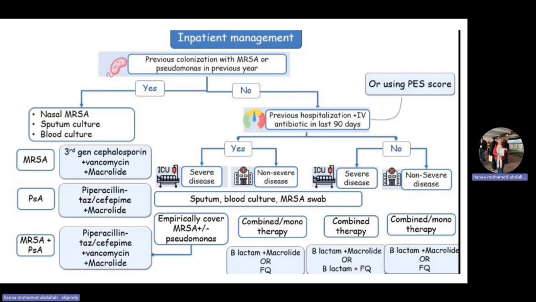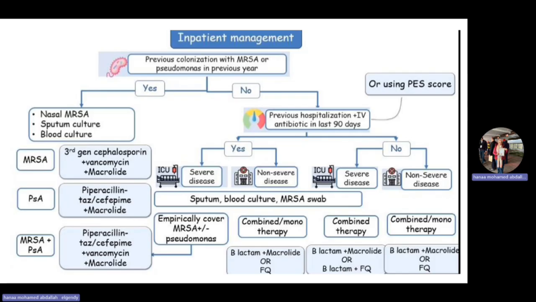So if the patient has a previous colonization, the left side of the chart, with MRSA and/or Pseudomonas in the previous year, we should ask for nasal MRSA, sputum culture, and blood culture. So we should give third generation cephalosporin, vancomycin, and macrolides.